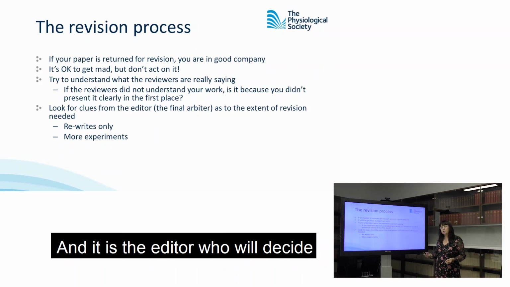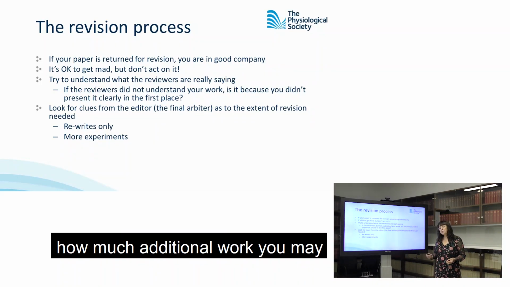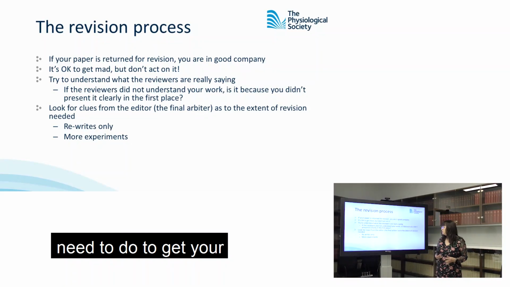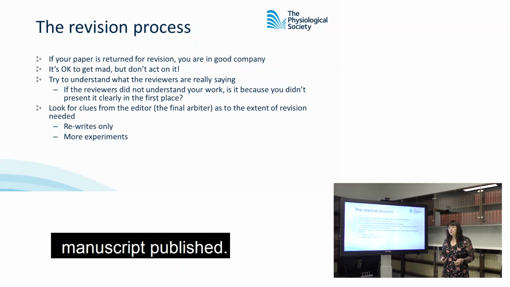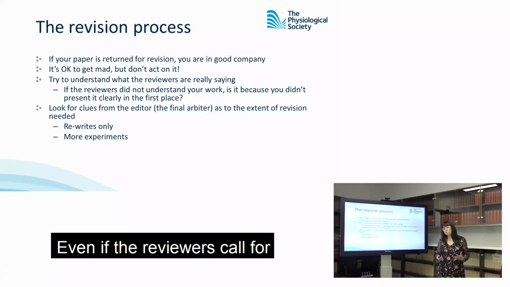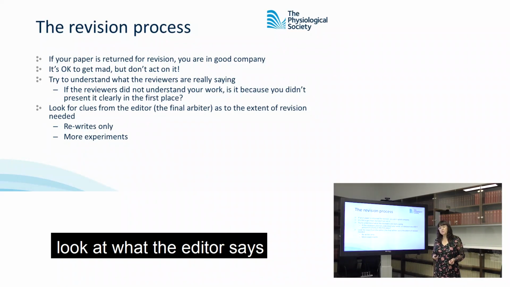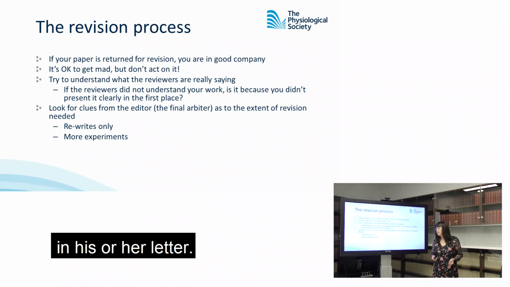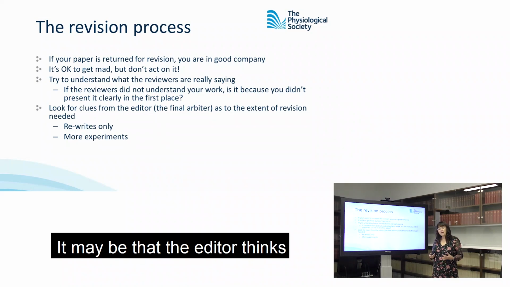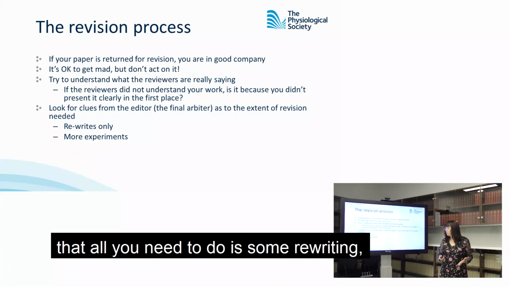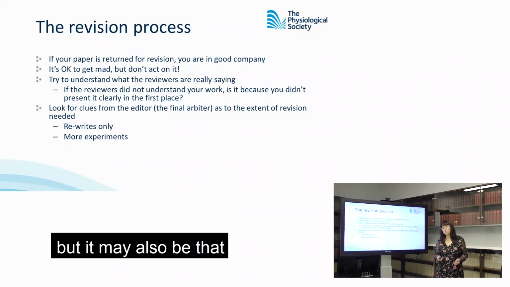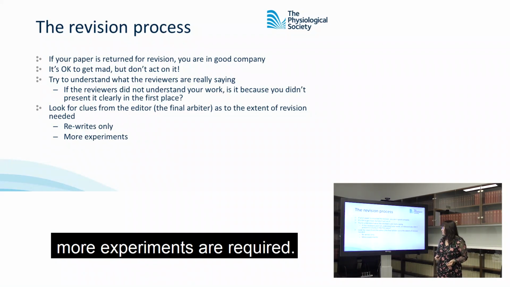And it's the editor who will decide how much additional work you may need to do to get your manuscript published. So even if the reviewers call for a number of additional experiments, look at what the editor says in his or her letter. It may be that the editor thinks that all you need to do is some rewriting, but it may also be that more experiments are required.